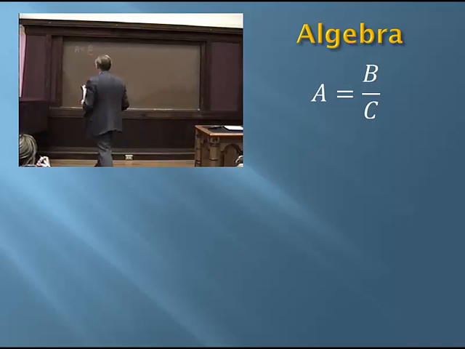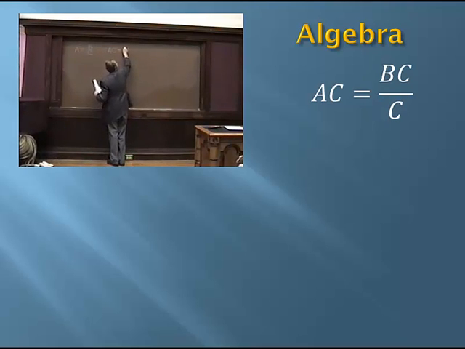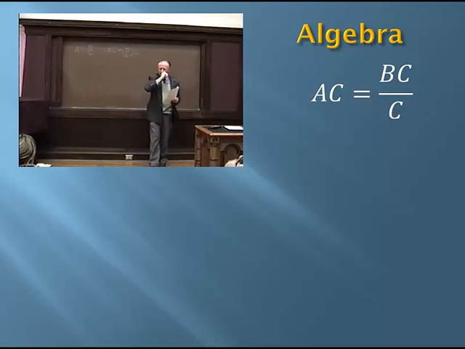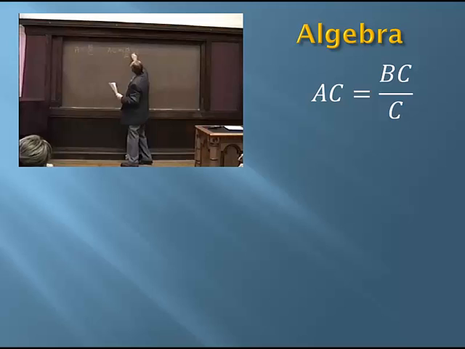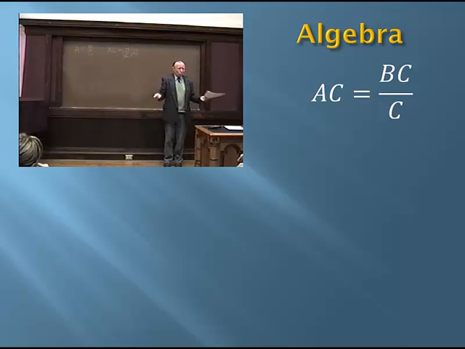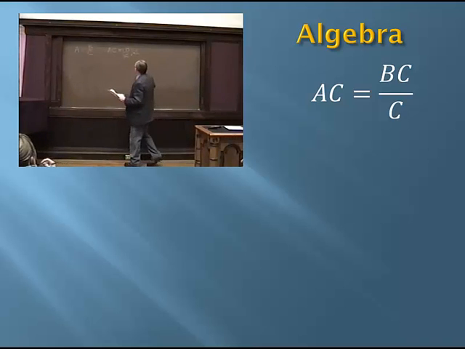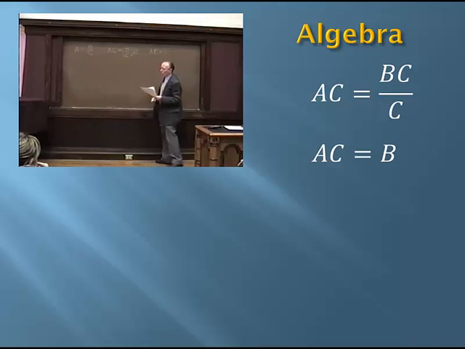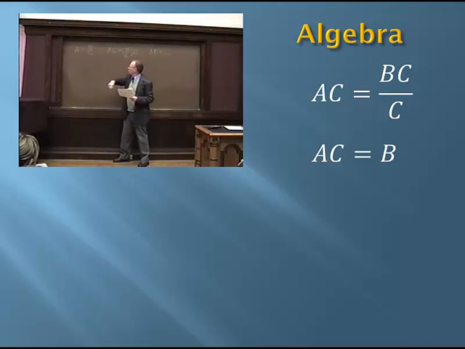I can multiply both sides of this equation by C, for example. AC equals B over C. I just multiplied both sides by C. When I do that, of course, I can simplify by C over C is 1, so that kind of gets rid of C altogether. And I end up with an equation that looks like this, AC equals B. That equation is the same as that equation right there.